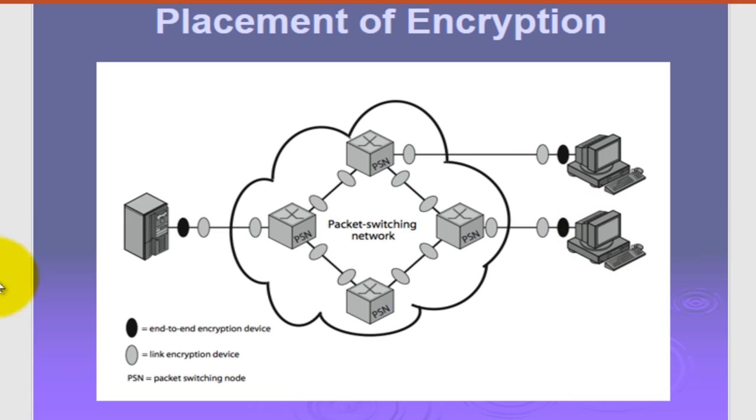If you place only end-to-end encryption, you can only protect your data, not against traffic analysis. So the concern is you have to use a combination of both. If you use both link encryption and end-to-end encryption, then you can provide confidentiality to your data, and you can also protect your data from traffic analysis.